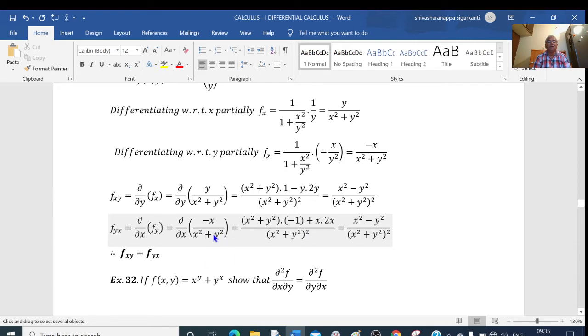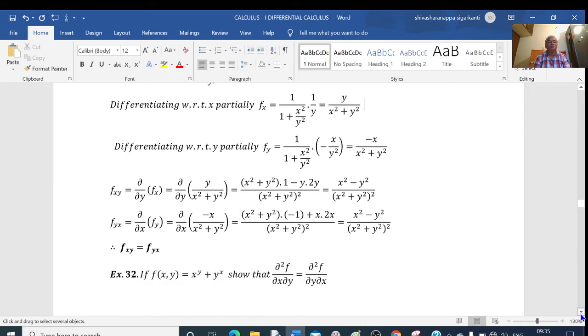Numerator is minus x, therefore minus of minus becomes plus. Derivative of x square plus y square is 2x plus 0, this is our 2x. So this is equal to minus x square minus y square plus 2x square. That is 2x square minus x square is 1x square minus y square. So x square minus y square divided by x square plus y square whole square. See, the right hand sides of these two are same. Therefore, left hand sides must be equal. fxy is equal to fyx.